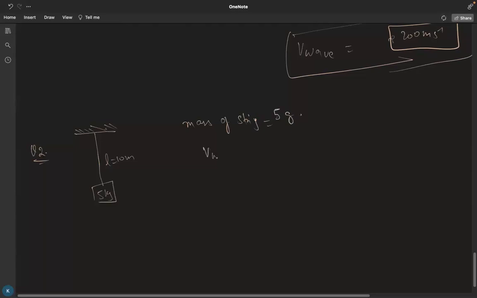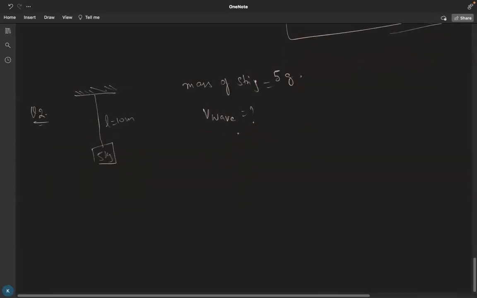You have to find the velocity of wave, right? So how can you find this? This time we didn't have mass per unit length, or the linear mass density of the string. This time we have only the mass of string given, right? So how can we do so?